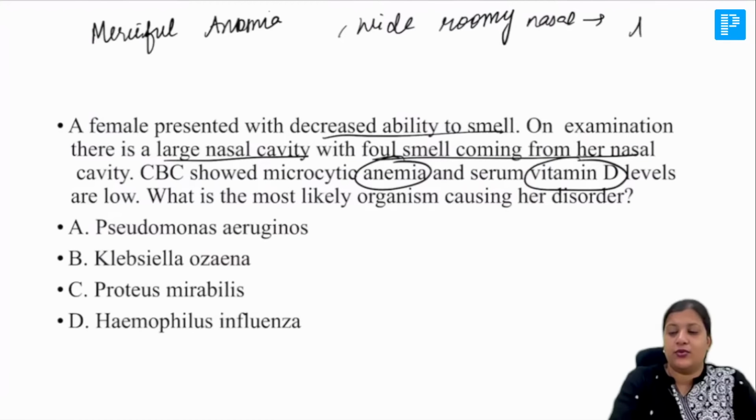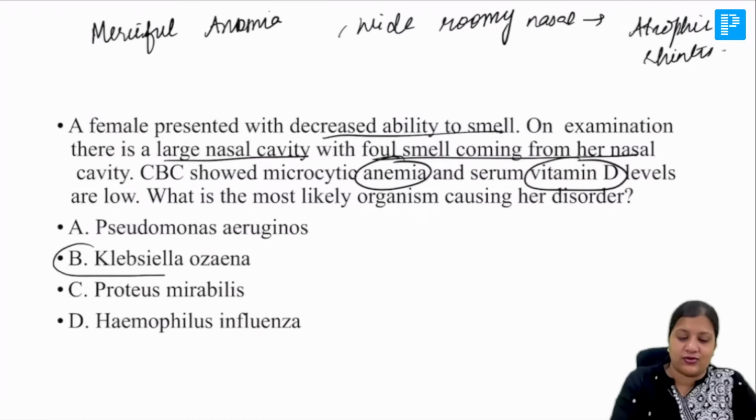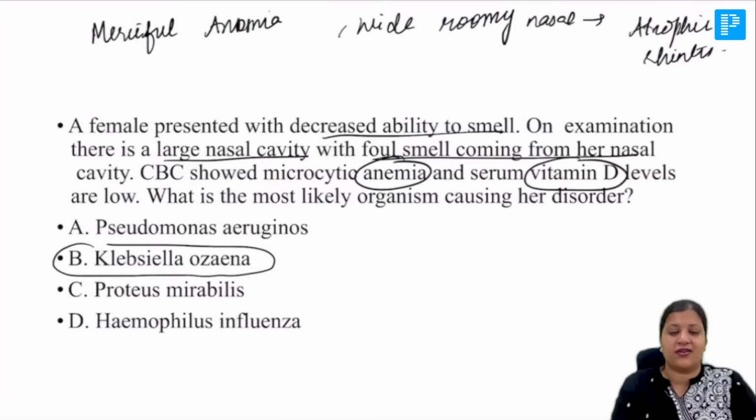Yes, they're talking to you about atrophic rhinitis. And in atrophic rhinitis, do you see this caused because of nutritional deficiency like anemia and low vitamin D levels? Yes. What is the organism responsible for this? It is Klebsiella ozaenae. Very good. Most of you have given me the right answer.